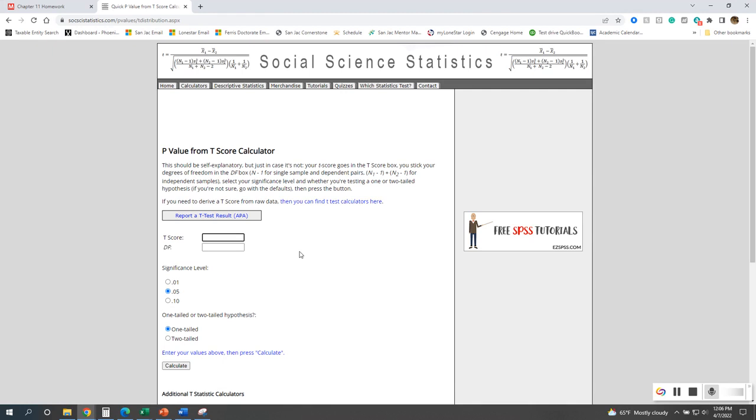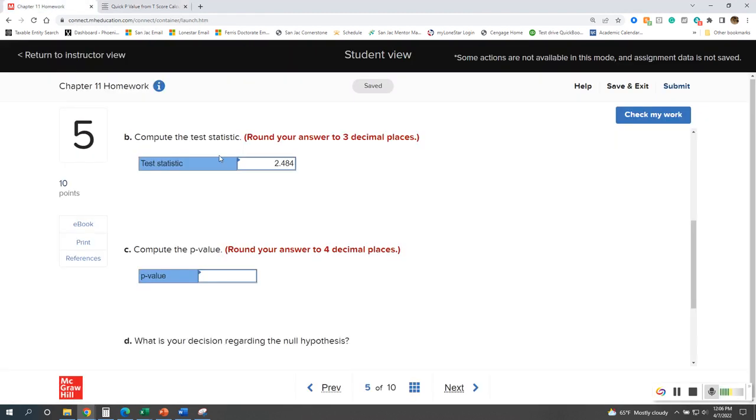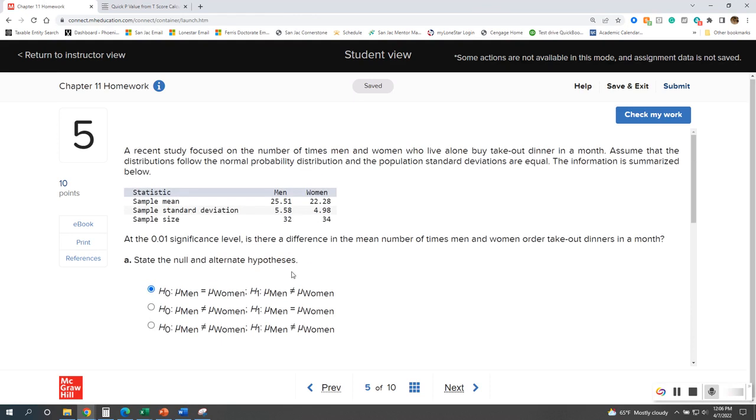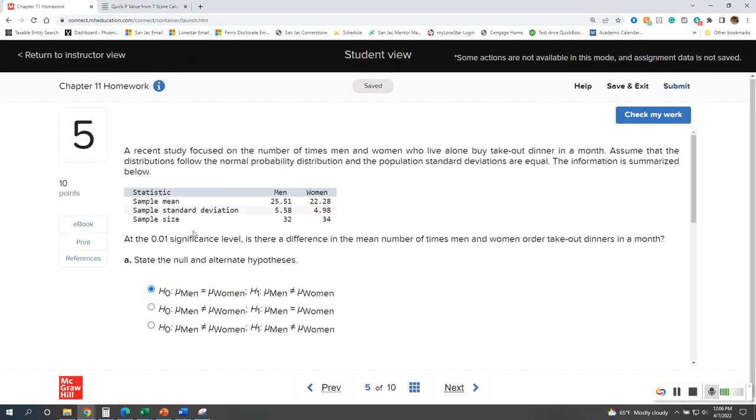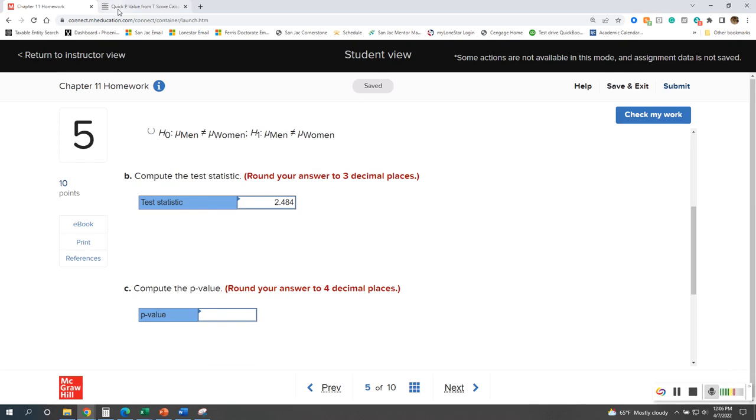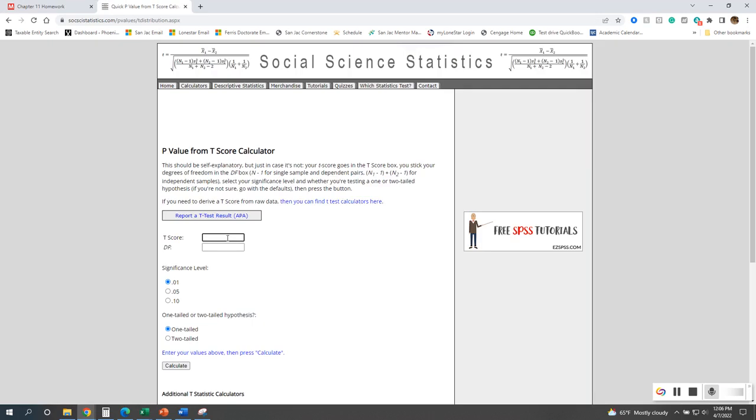Alright. Let's see. What was our significance level? It's 0.01. This one actually has it. Again, good Google search. T statistic was 2.484. And our degrees of freedom was 64.